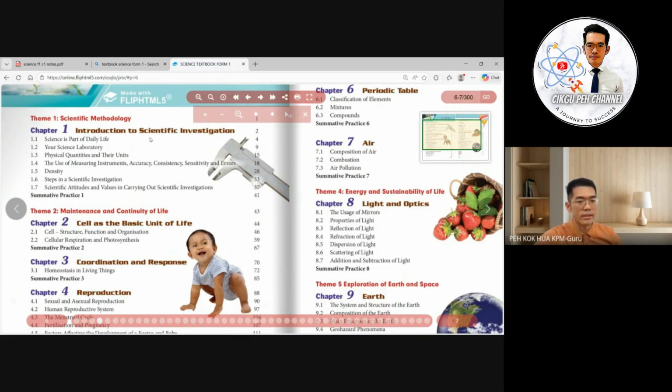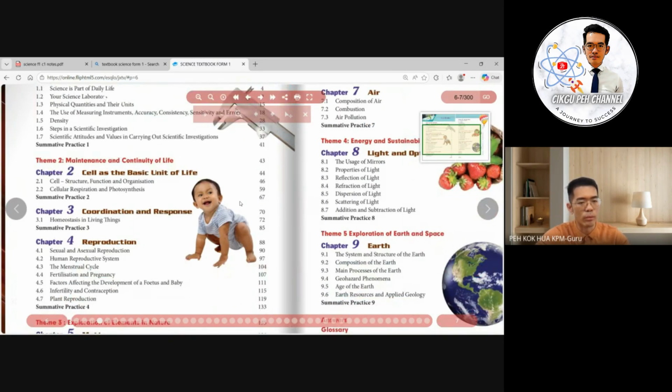The next is the cell as the basic unit of life, where we learn the components of the cell and their functions, not limited to humans but together with plant and animal cells. Then coordination and response, then homeostasis in living things. Then chapter 4, reproduction, with about 7 subtopics.